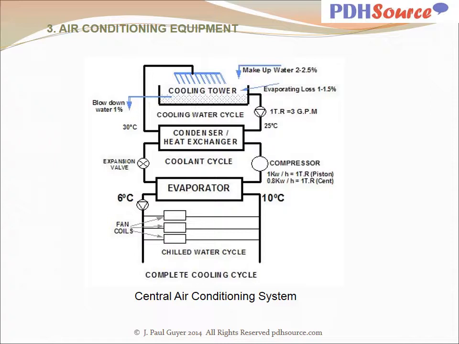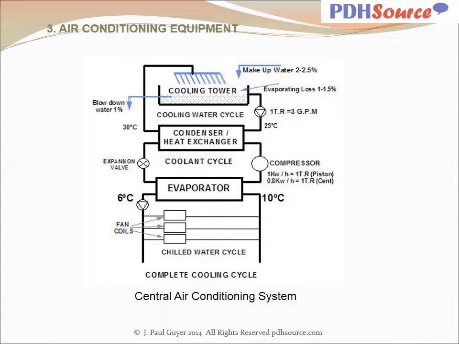So this is a picture of a common central air conditioning system. The fundamental refrigeration cycle is right there in the center with refrigerant in the piping, but the evaporator coil, instead of cooling the air directly, is cooling water, which is therefore chilled, and is pumped to small air handlers called fan coil units that are located throughout the building.